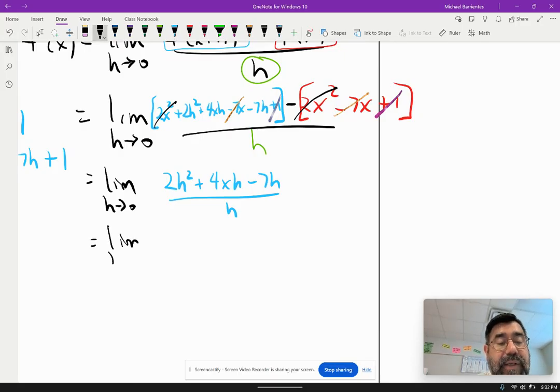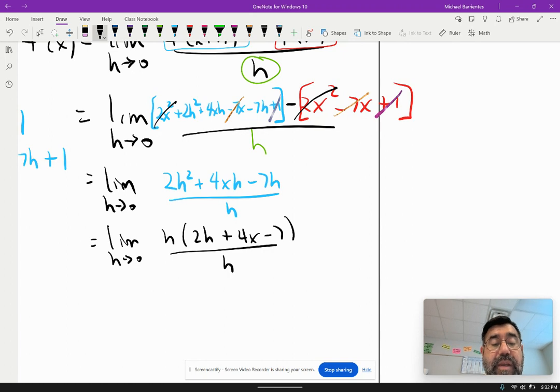So the limit as h approaches 0, I'm going to factor out an h. Why am I doing that? Because I'll be able to reduce this, and now I can plug in a 0 wherever I see an h, not an x. Because if you look carefully, this is saying as h approaches 0. Plug in a 0 here, that's gone. So then the only thing left is 4x minus 7.